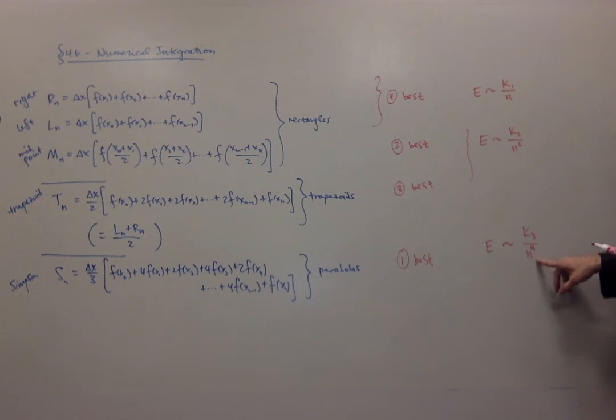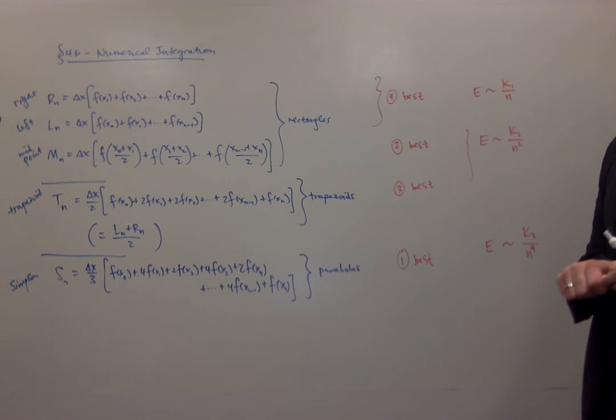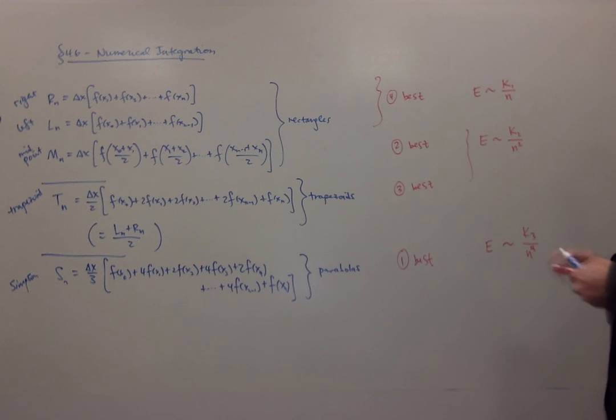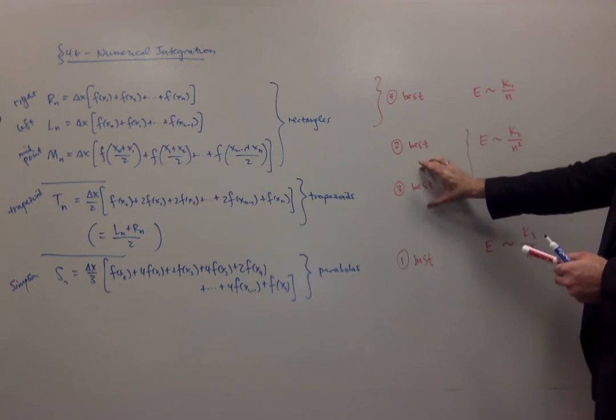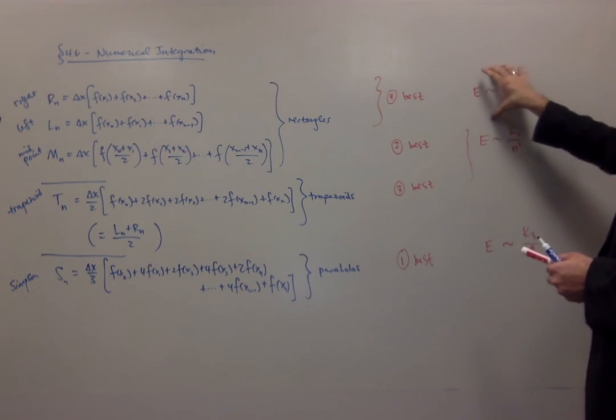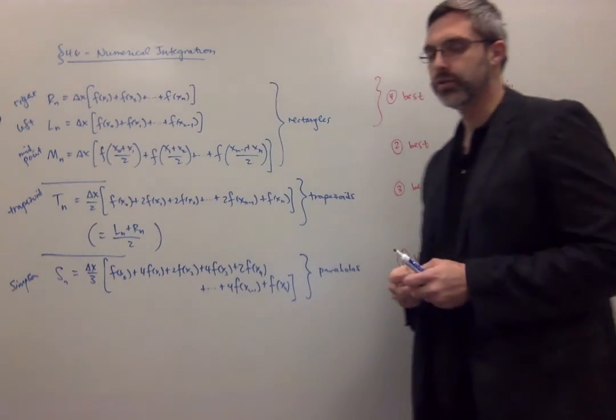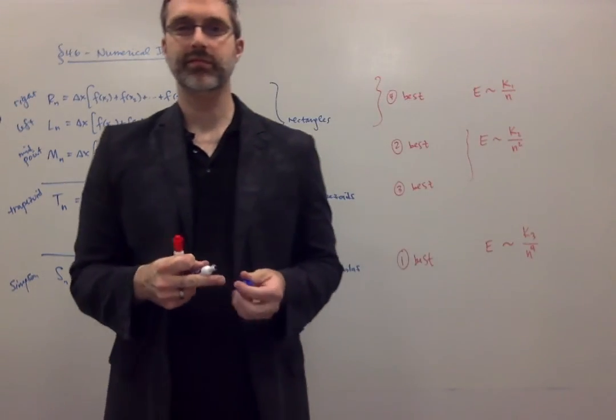When n goes from 10 to 100 here, this thing shrinks by a factor of about 10,000. So in general, again, Simpson's rule is the best, followed by midpoint rule and then trapezoid rule. And then right and left endpoint rules are, they're okay.